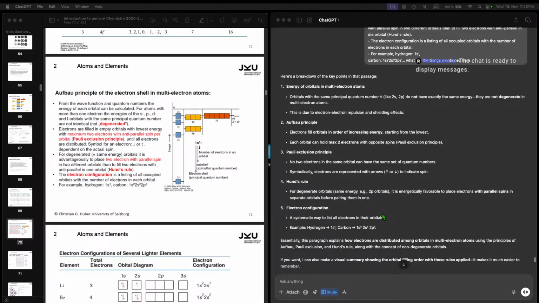Come on, think, boy. I got Hund's rule now. I need to figure out how to write those into my tablet. What is the most relevant information? Oh, come on, unlock.